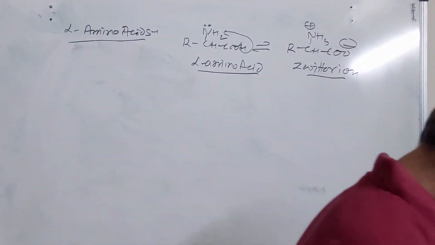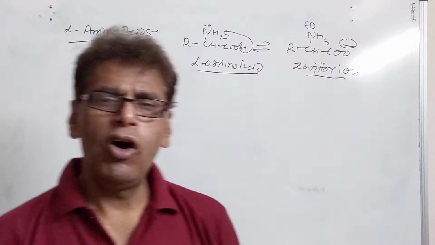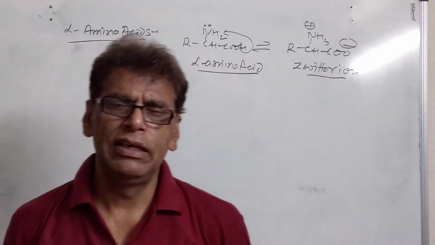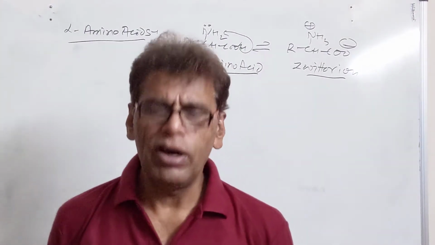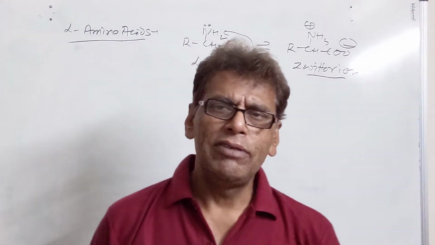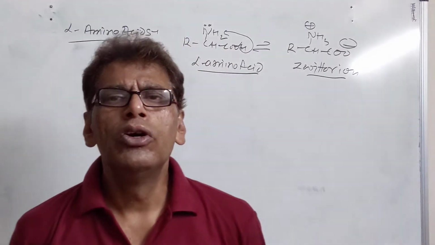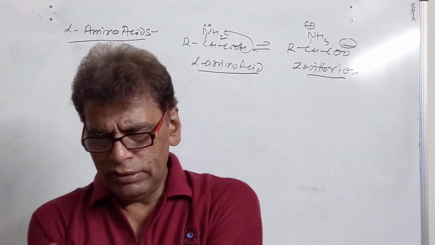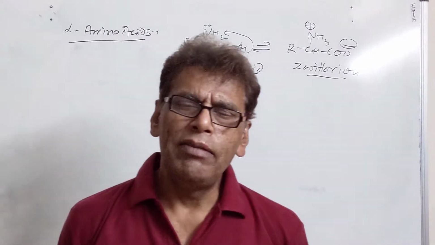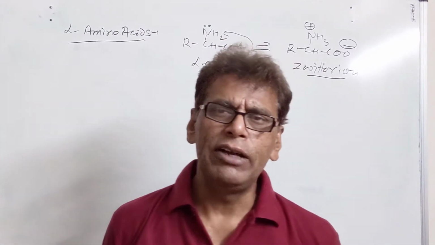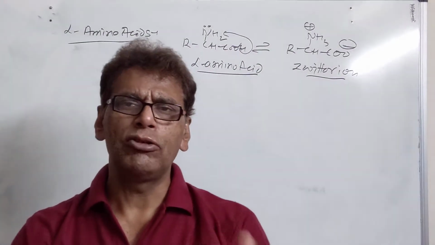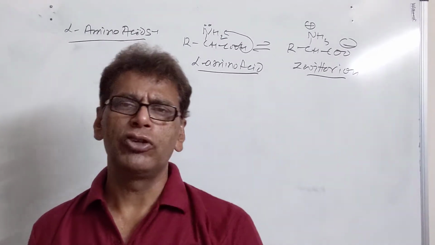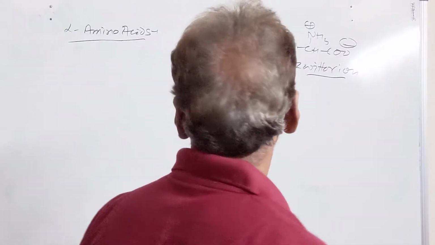This migration under a particular pH takes place due to the unequal number of cationic part and anionic part. But sometimes the amino acids do not show any migration towards cathode or anode, and that pH of the protein solution or alpha amino acid solution is called the isoelectric point.